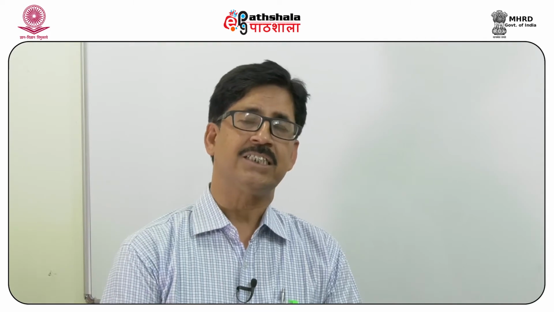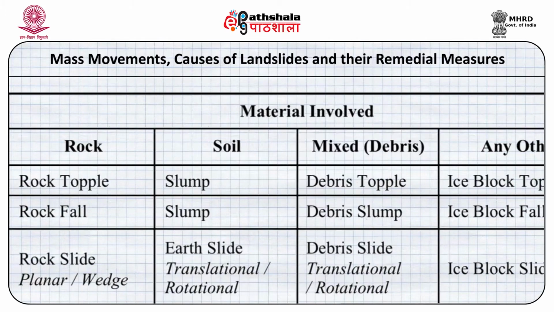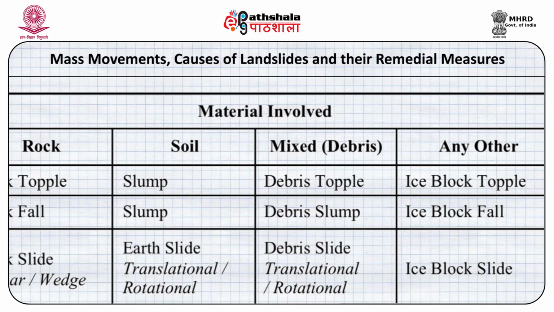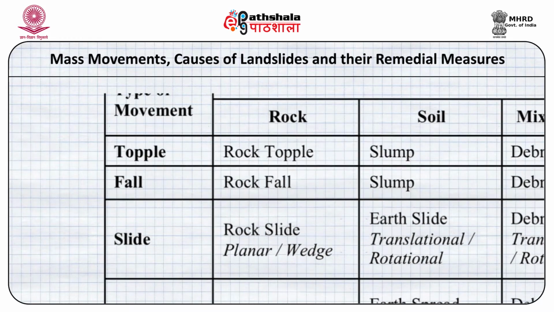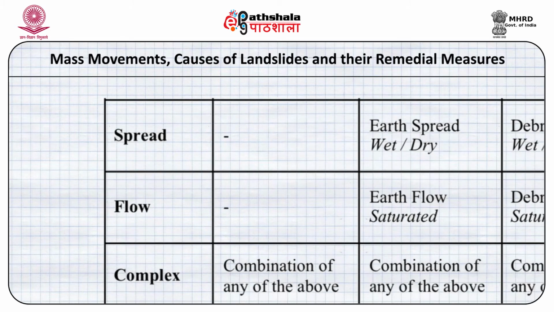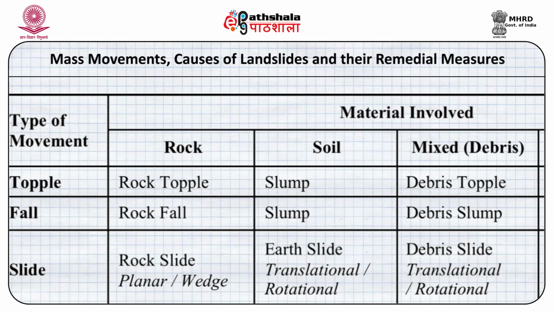Now, landslides can be technically classified into many different types depending upon what kind of material is involved and what kind of movement is involved. The material which we have in nature is either rock plus soil, which we can call debris, and pure soil or earth.